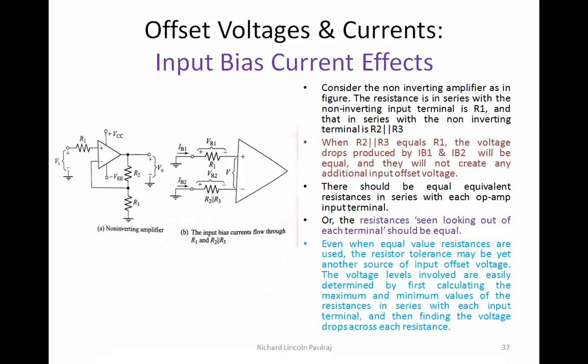Now, moving on with the input bias current effects, let us consider this circuit here. It is actually a non-inverting configuration. We have seen this part of the circuit very much previously for solving problems and various things of that sort.